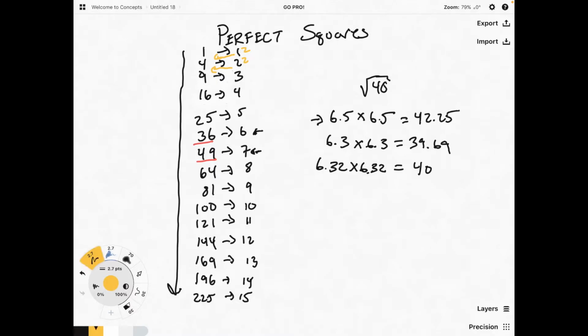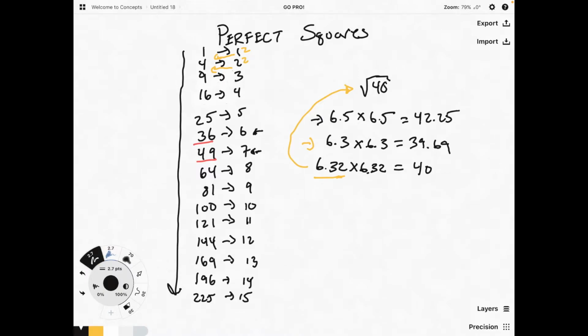Then we went to a lower number to see if that was too high, and it was slightly lower. So if we want to, then we can go, which is what we did, to the next decimal place and multiply that out to see if we can get a more exact answer. And we know that 6.32 is the square root of 40.